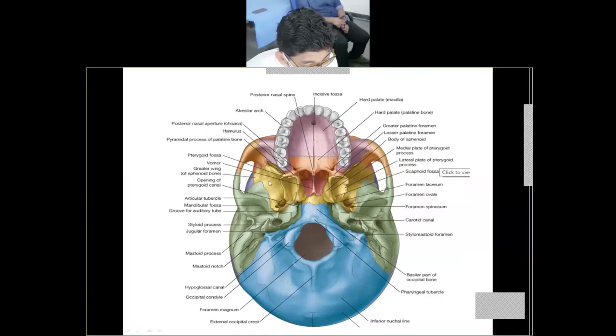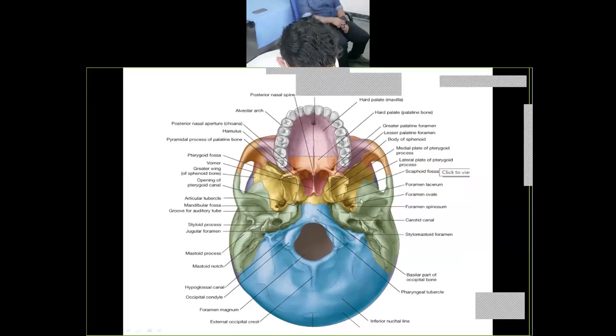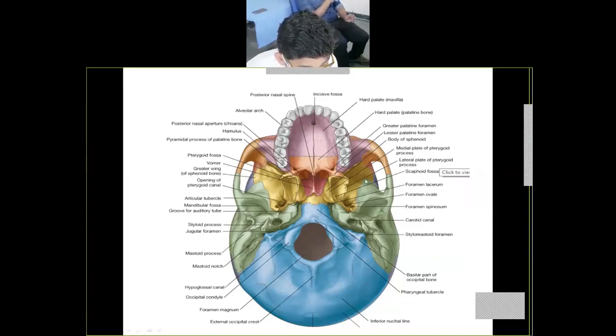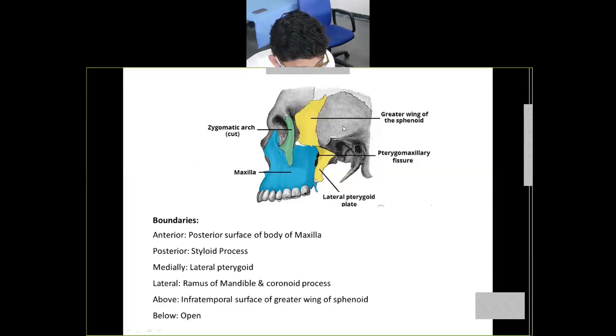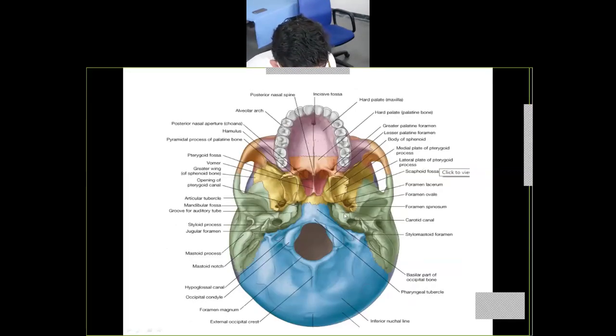This is the inferior surface of the temporal bone. This whole area which you are seeing over here is the infratemporal region. Above, this is the temporal region; down here is the infratemporal region.